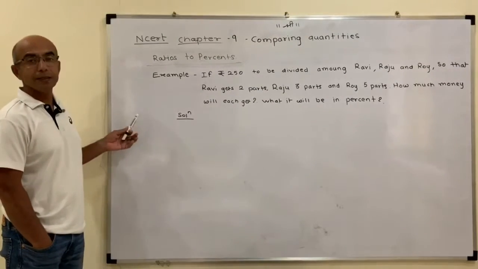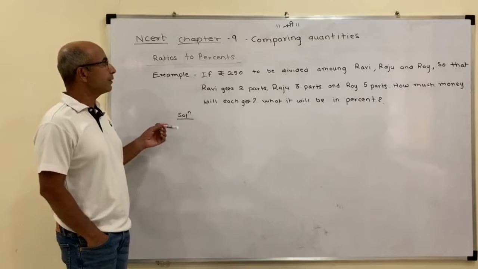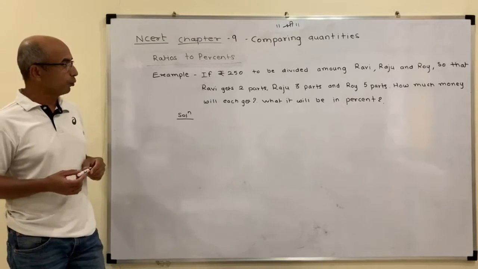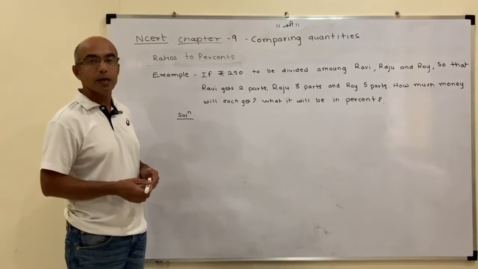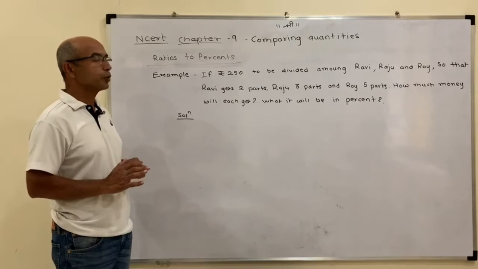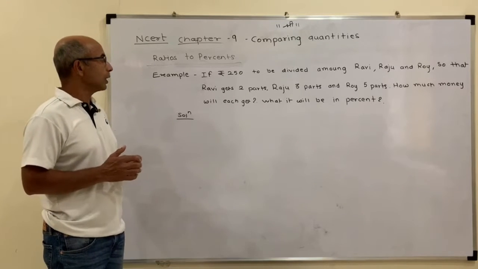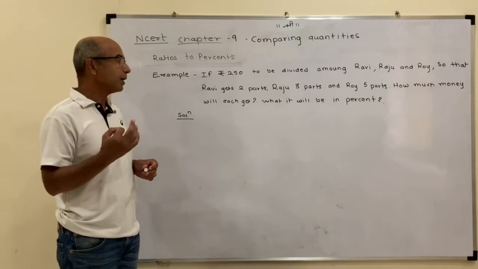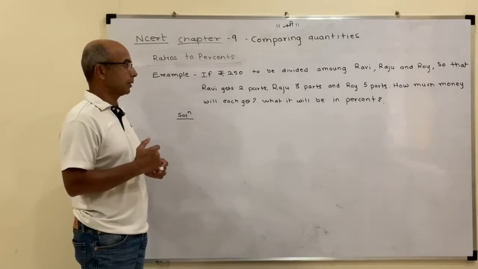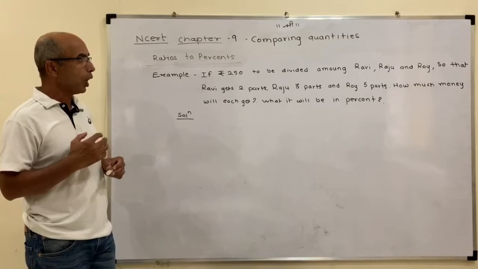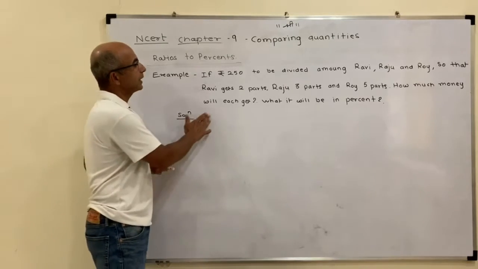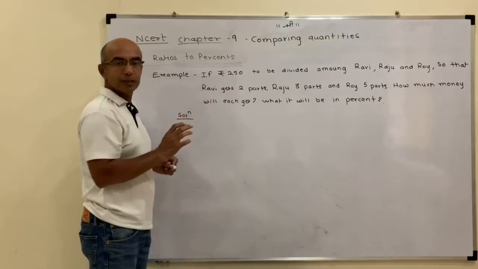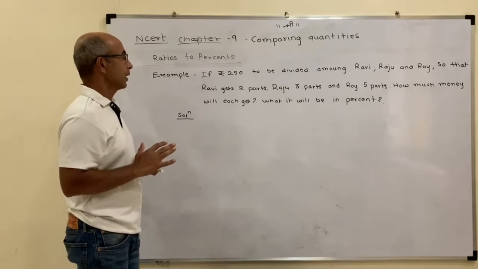See now, in this example, 250 rupees is to be divided among Ravi, Raju and Roy, so that Ravi gets 2 part, Raju gets 3 part and Roy gets 5 part. What we need to find is how much money each gets when the total amount is 250.